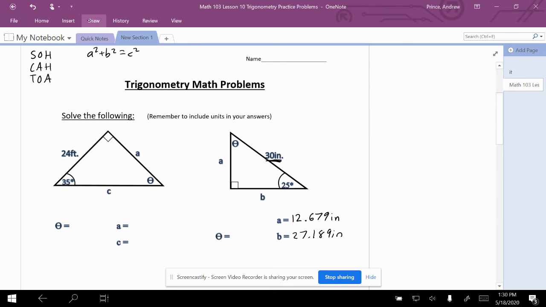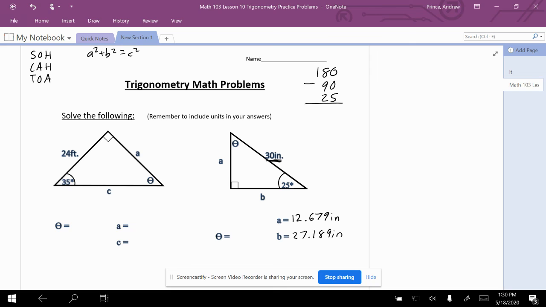The only value I'm missing still is that missing angle. While I could use some inverse trig with two of the sides of my choice to solve for that missing value, I can also just take my 180-degree rule and say that if I have 180 degrees in a triangle and I subtract my right angle and my known angle, the only amount left should be the missing angle, which here is theta.